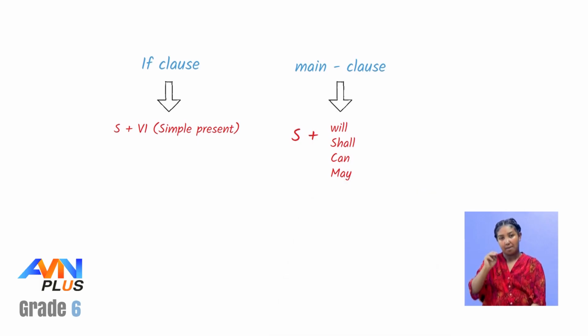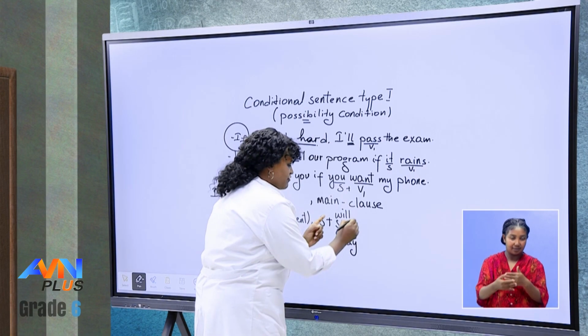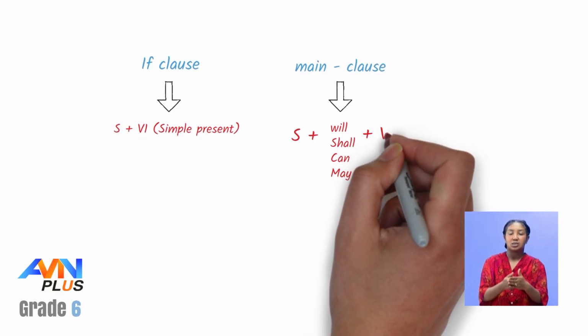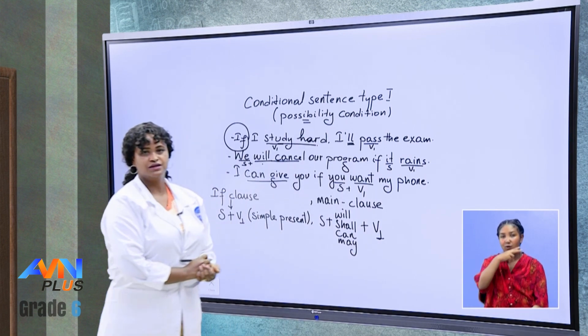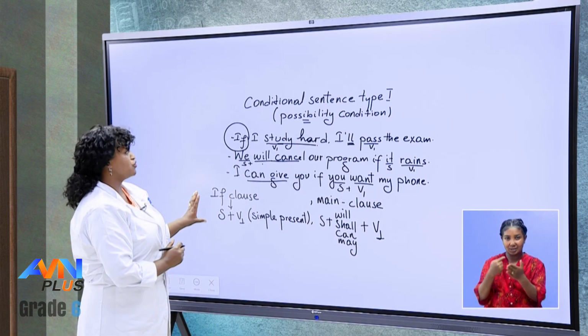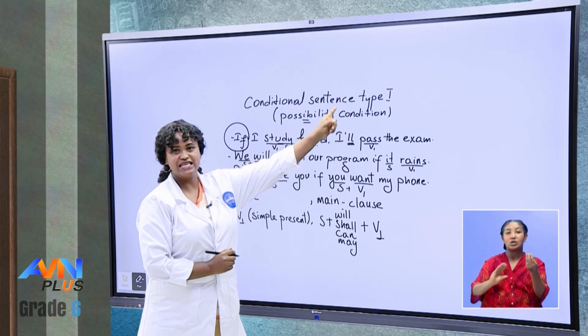You see? Then, after these auxiliaries, it is obvious we come up with the base verb, or what we call verb 1. This is the form of conditional sentence type 1.